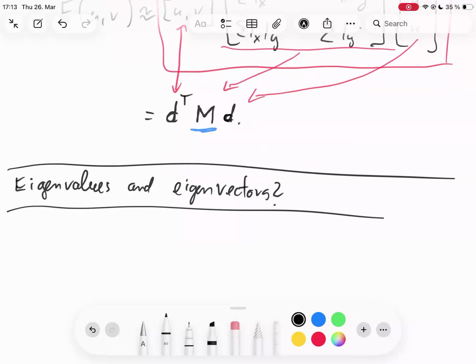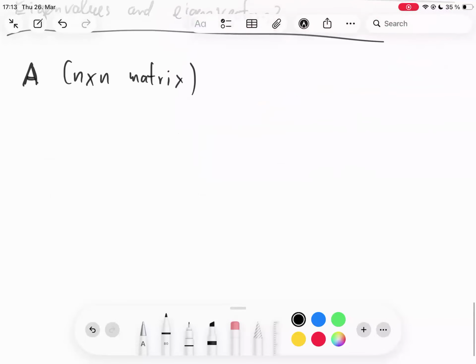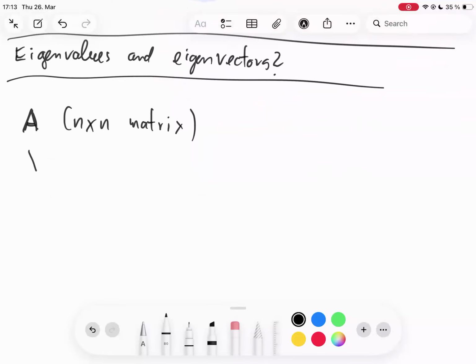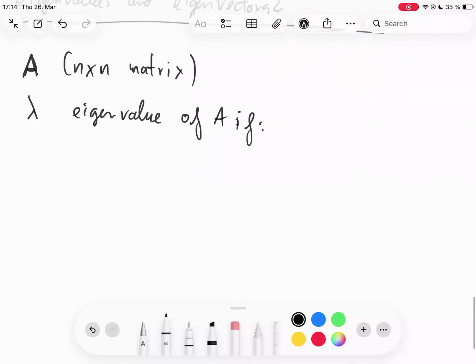What is it useful for? If you have a matrix A, and A is an n times n matrix, then we could have a lambda, which is the eigenvalue of A, if the following holds true.